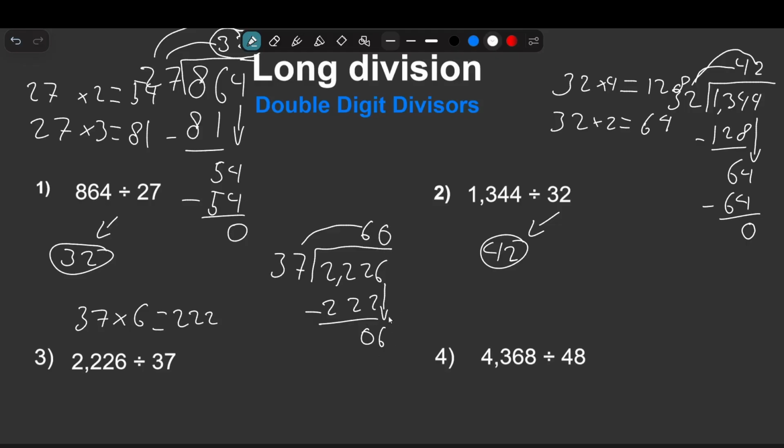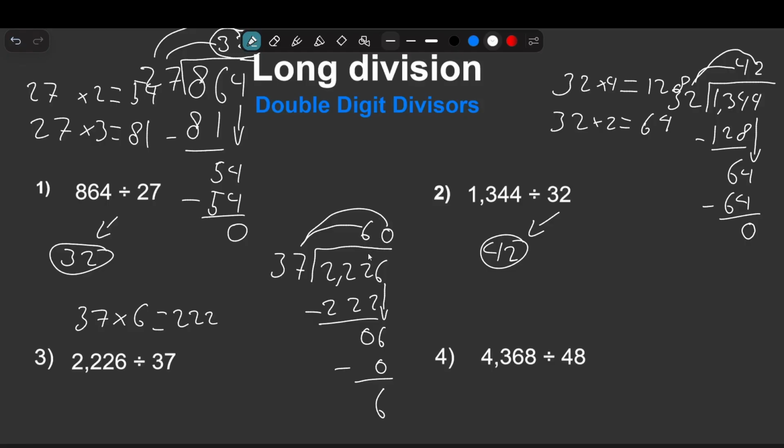And because we can't get any help from a number right here, we can just write a 0 right here. So now we have 60 here. So we're going to multiply 37 times 0, and of course, this equals 0. So we're going to subtract now, like this. So 6 minus 0 equals 6. And this will be our final answer.